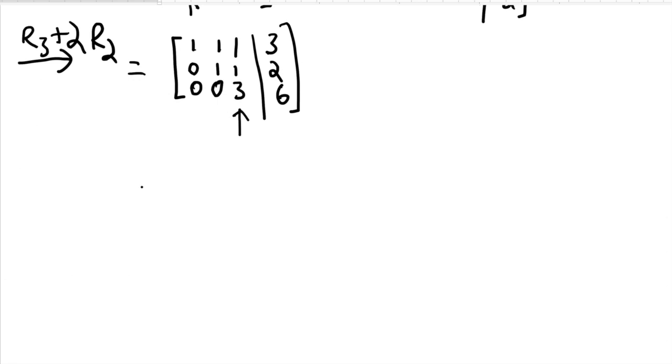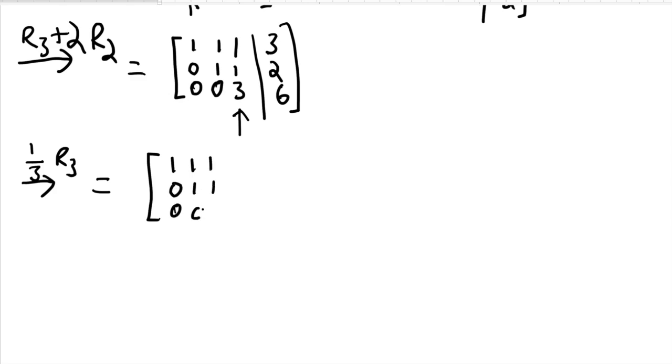Next, we have to make this entry a 1, and the way we're going to do that is by multiplying row 3 by a third. So a third multiplied by row 3 will give us 1, 1, 1, 0, 1, 1, 0, 0, 1, and then 3, 2, 2.